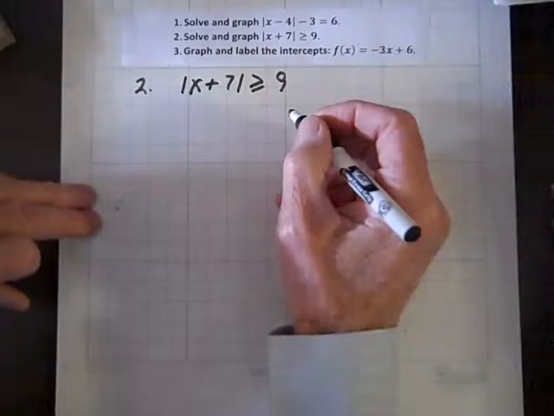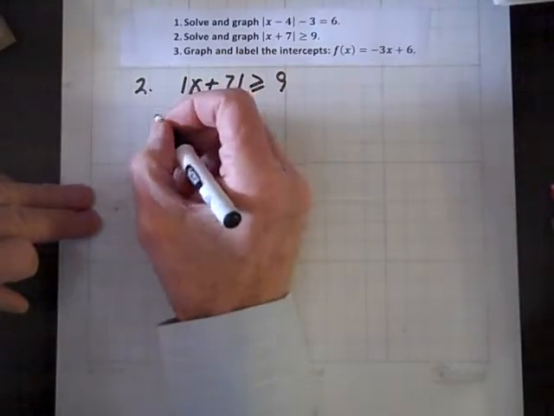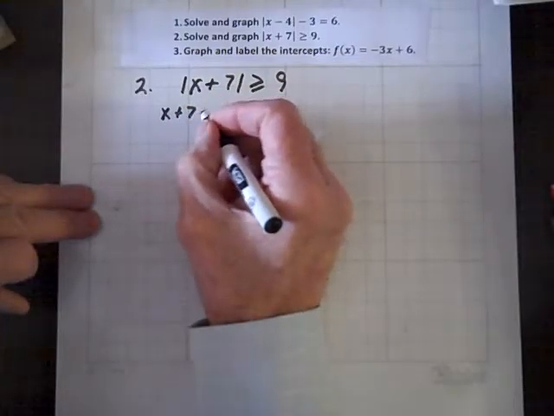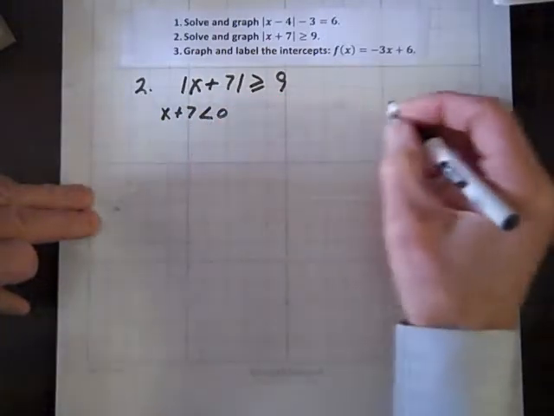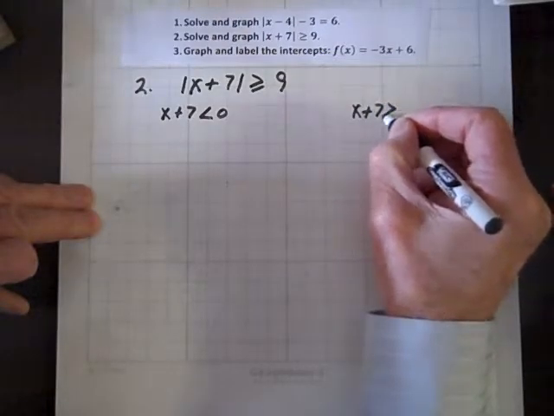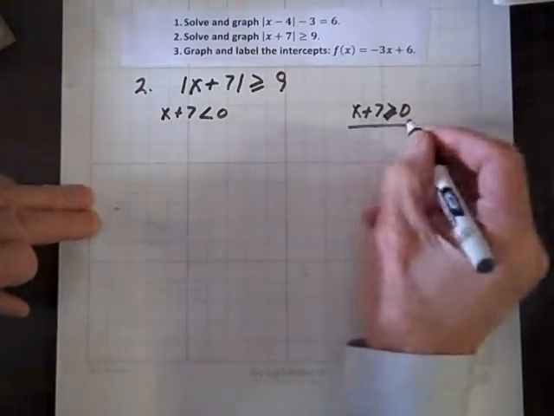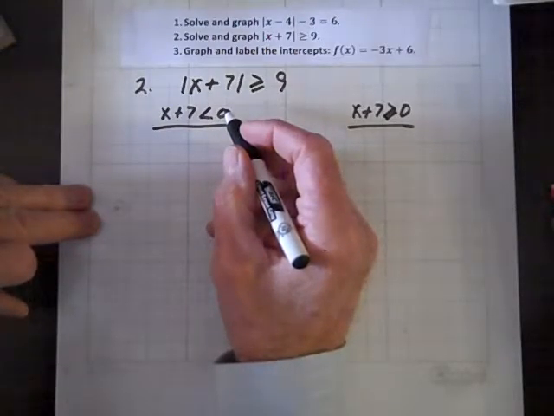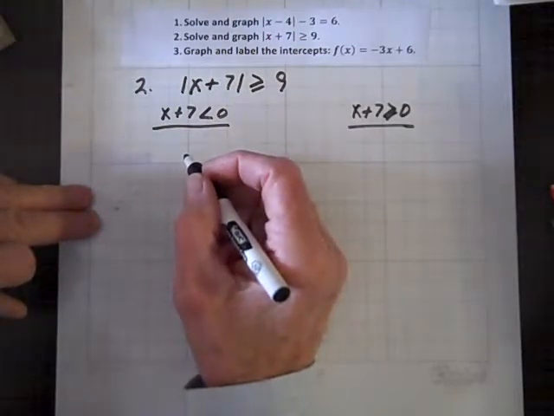Well, we have to do our two-case thing, and so we've got the case where x plus 7 is less than 0, and x plus 7 is greater than or equal to 0. And we need these cases because they enable us to dispense with the absolute value bars.